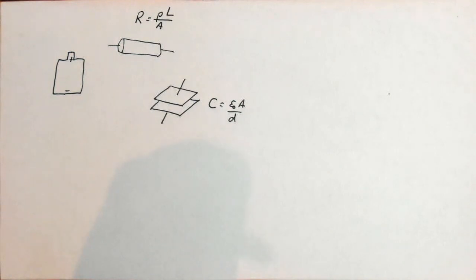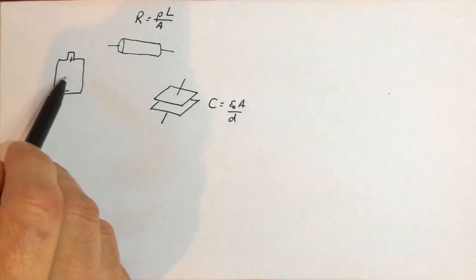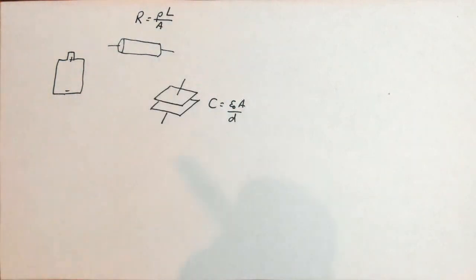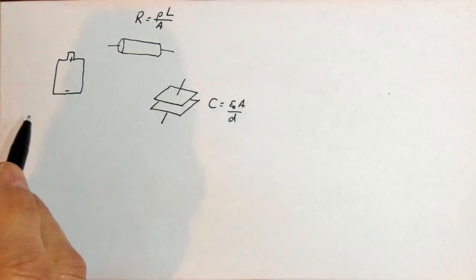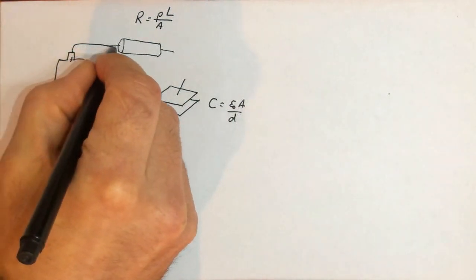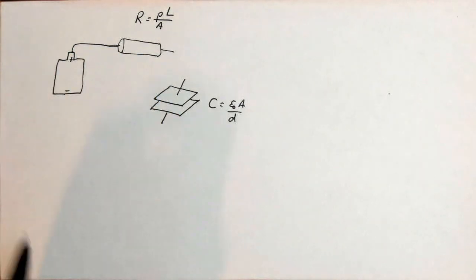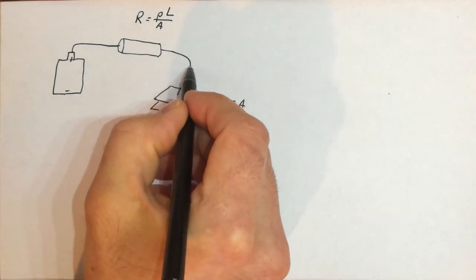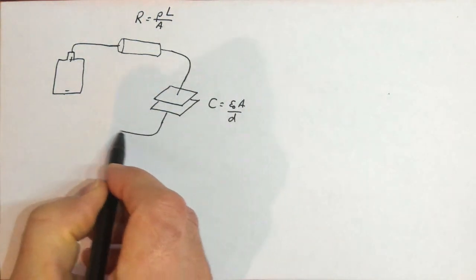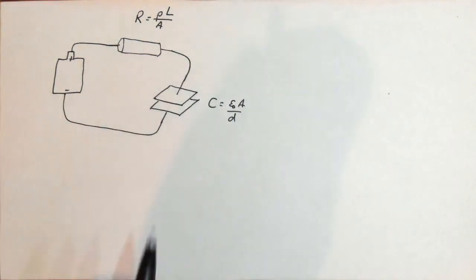Now in a computer or a phone or any digital device, there'll be lots of power supplies, lots of resistors, lots of capacitors, and other circuit elements, which we'll learn about later. But they're all wired together. For example, I might wire the resistor to the battery, and then wire the resistor to the capacitor, and then hook the capacitor back to the back end of the battery.